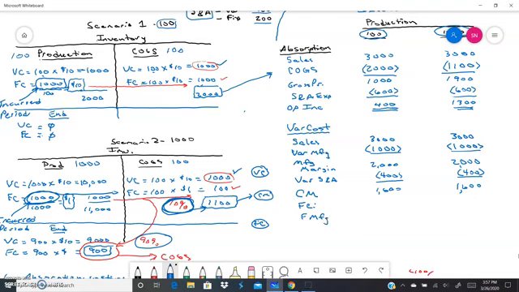And remember here, this is where we're treating our fixed manufacturing costs as period costs and expensing the entire amount incurred during the period. And again, under both production scenarios, we have the same amount of fixed costs we've incurred during the period, and that is $1,000.